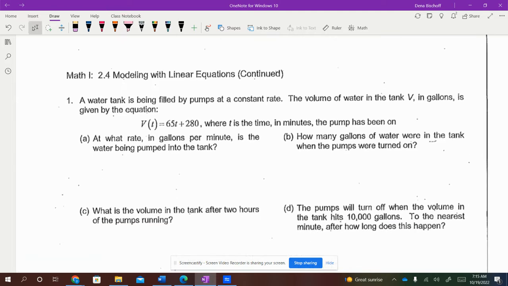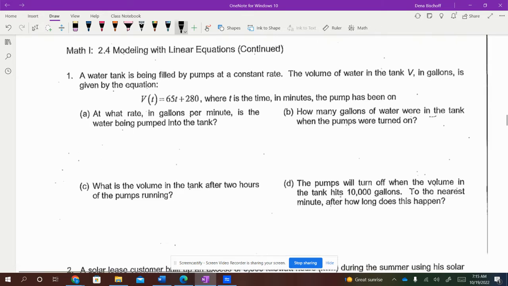All right, so a water tank is being filled by pumps at a constant rate. The volume in the water tank, V, in gallons, is given by the equation V of T. So V is a function of the time, 65 times T plus 280, and T, the time, is in minutes. So at what rate, meaning what is the slope, is the water being pumped in per minute?